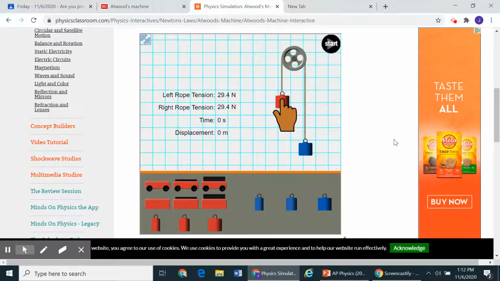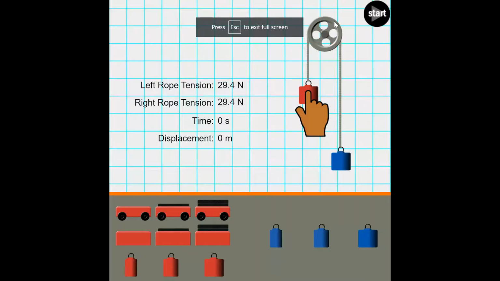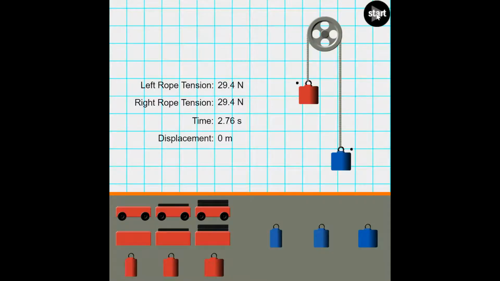And I say, okay, well, there's obviously only one way for us to find out, so let's find out. And then I let it go, and we see what happens. And as you can see here, what happens is nothing. Nothing happens. It does not matter what their height is relative to each other.